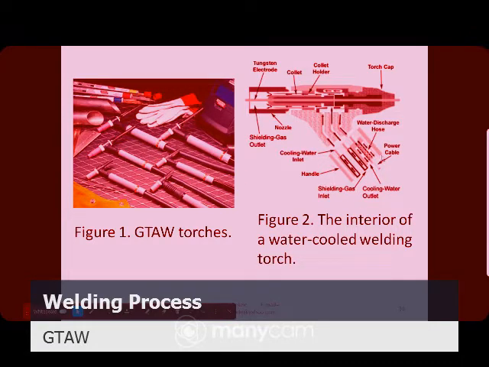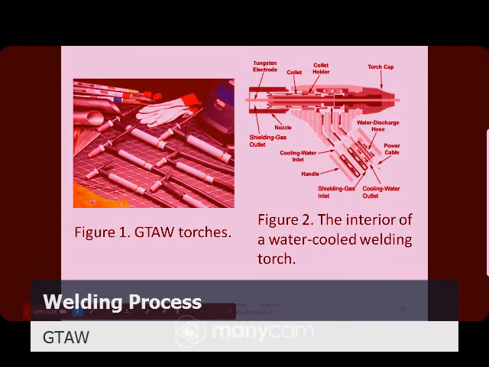This figure indicates the parts of the torch which need the water. Don't forget that a gas tungsten arc welding torch that needs water needs a connection with a water tap and drain.